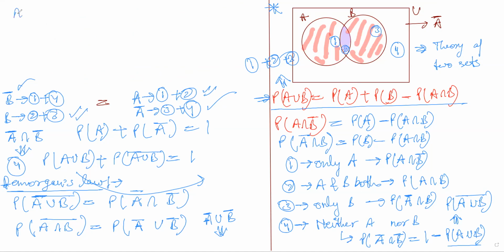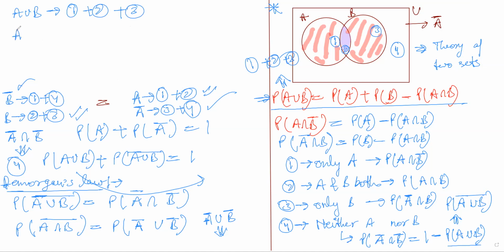If I write A union B, I have to write the whole portion. So A contains 1 and 2, so 1 plus 2. Now B contains 2 and 3, but we have already written 2, so we won't repeat it. We will just add 3 into it. That is how we write union. If a portion is repeating, we do not repeat it. We just add the remaining portion. Right?